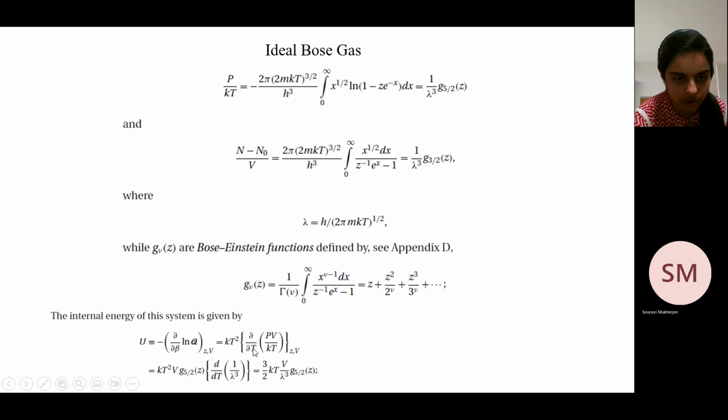It's just a substitution, considering beta to be 1 by kT. Now, if you look at the expression for lambda, you can see that lambda goes as T to the power half. So if you use this relation, finally you get this expression for the internal energy, and you can further use this expression to find the specific heat.